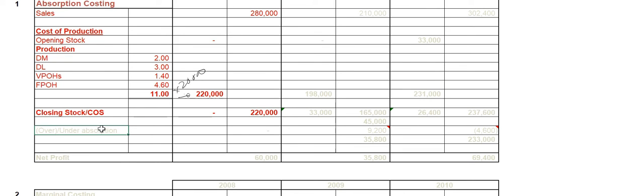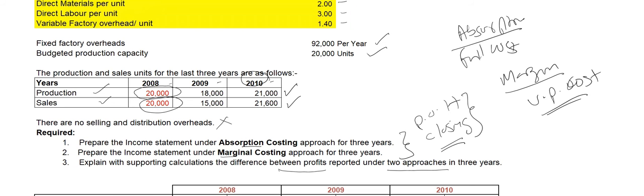And are there any over under absorption here? There are no over under absorption because the production capacity is 20,000. The company has produced 20,000.